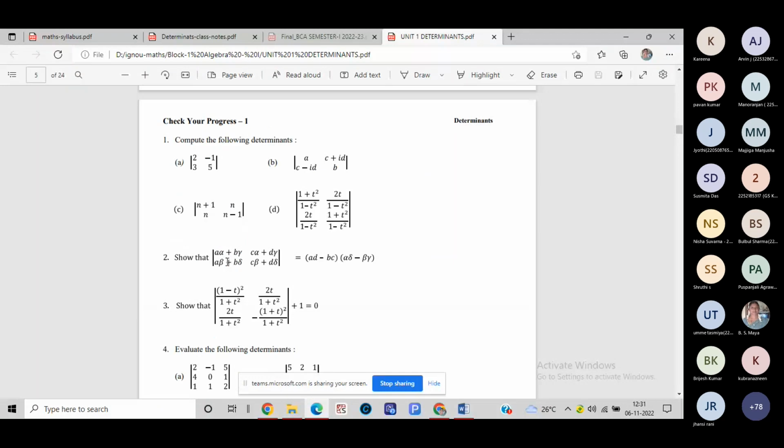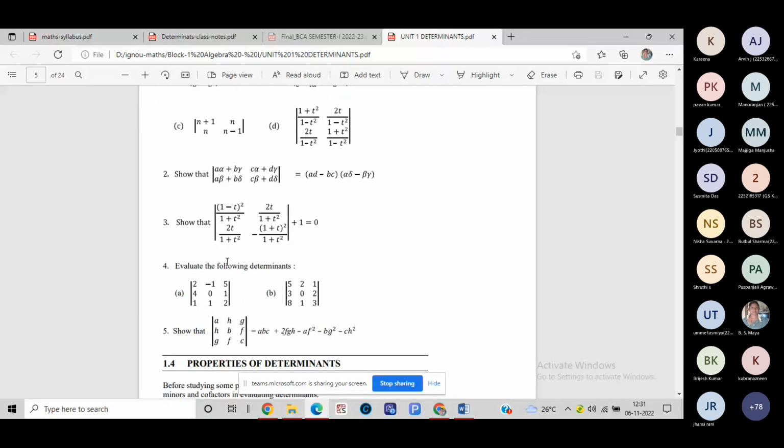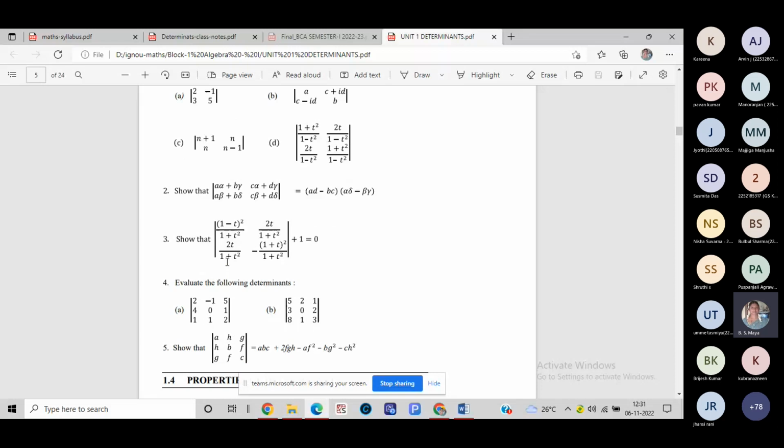ABC minus. Where is that question, ma'am? A, B, C plus 2F, G, H. If you take plus and minus correctly, you will get 2FGH. Otherwise, both are cancelled together. If you miss minus, it is the same answer. Minus into minus plus, you should take out.